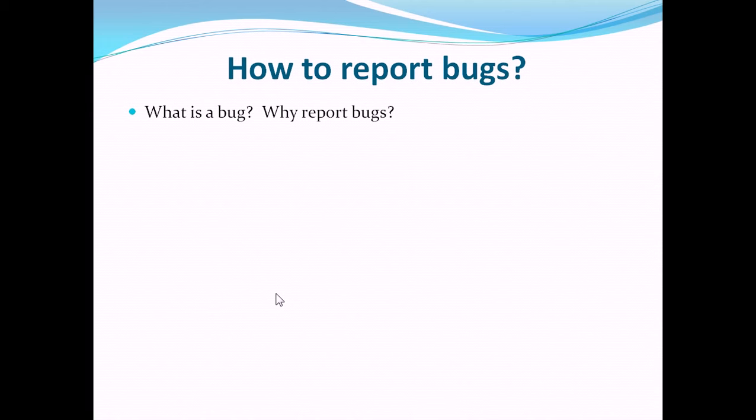So this kind of a report, which contains factual objective data about the bug, is called the bug report. So when you report bugs, you report bugs in the form of a bug report. Every bug is reported by a separate bug report.